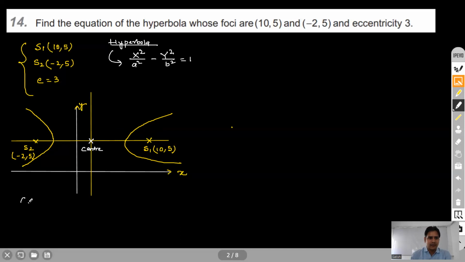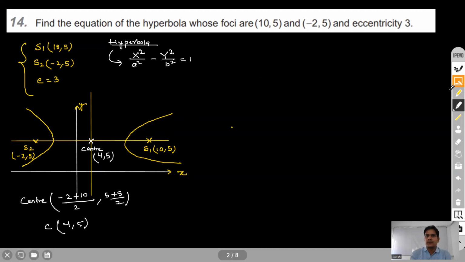So our center will be minus 2 plus 10 upon 2 and 5 plus 5 upon 2. So our center, let me say it as C, will come out to be 4, 5, right? So I am writing that here, 4, 5.